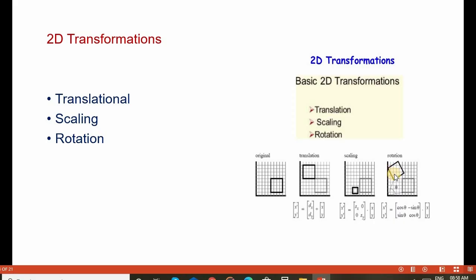Another one is the rotation process. In rotation transformation, the original object is rotated into a different angle. So theta can be varied. These are the three major transformation processes in two dimensions: translation, scaling and rotation.